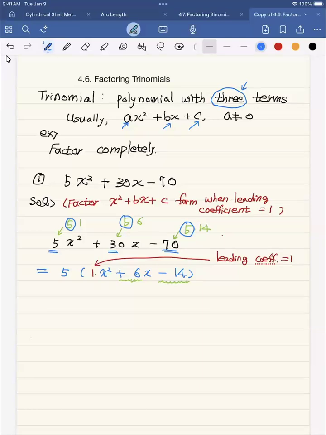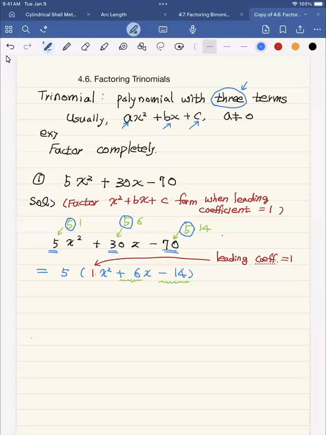So we factor 5, 30, and 70, and it becomes 5 times 1, 5 times 6, and 5 times 14. Obviously, the GCF is 5. So we take out 5. Then we have 1 times x squared plus 6 times x minus 14.